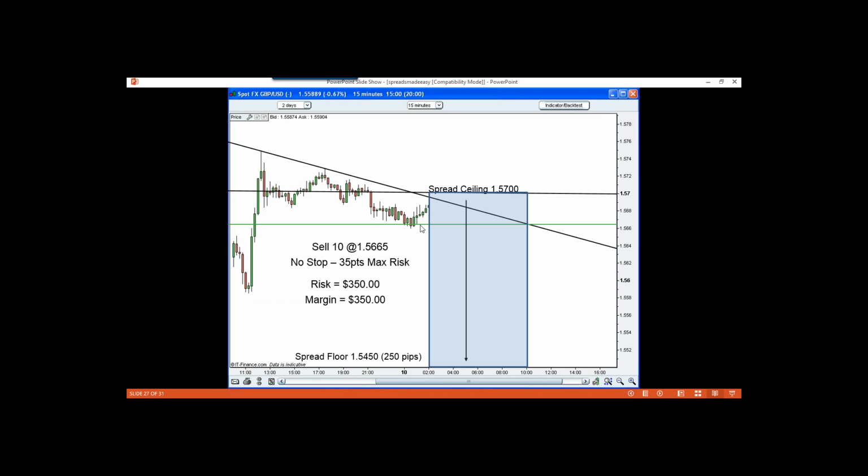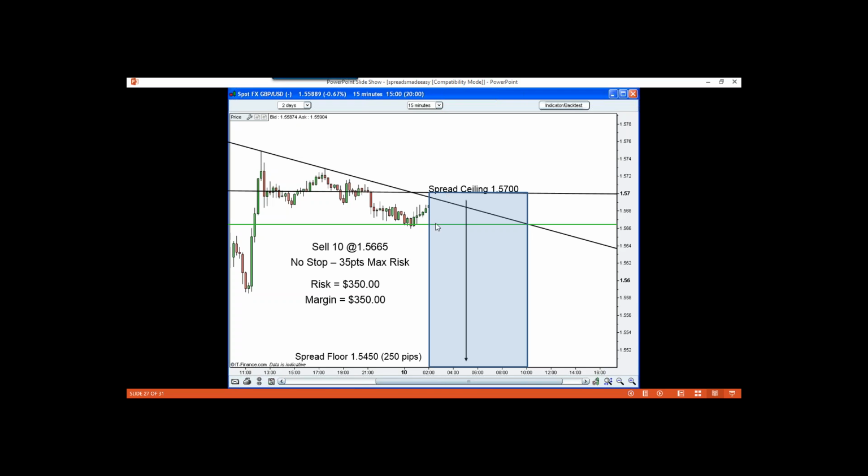So the market is at 1.5665. The market's right here. Same place it was before when we sold, okay? But I found a spread that has a ceiling at 5,700.